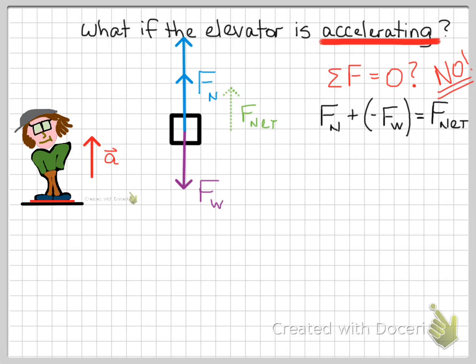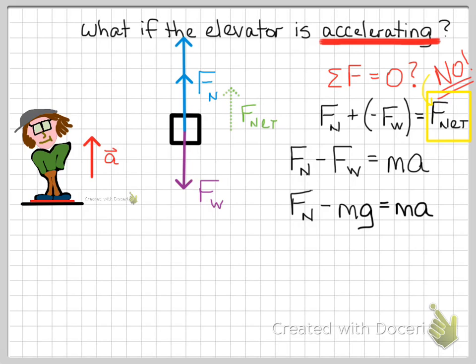So now I can write my equation as the normal force plus the weight, which is negative, is equal to the net force. Notice that that looks very similar to what we had previously, except now the net force is not going to be 0 because there is a non-zero value for acceleration. So we've got the normal force minus the weight is equal to ma, and now we can rewrite that.